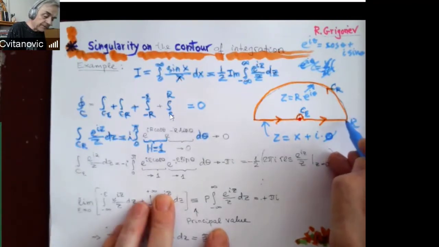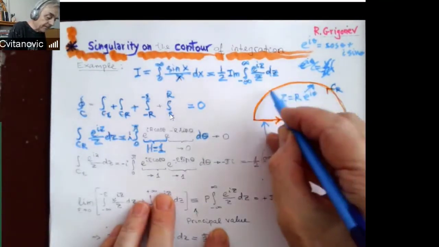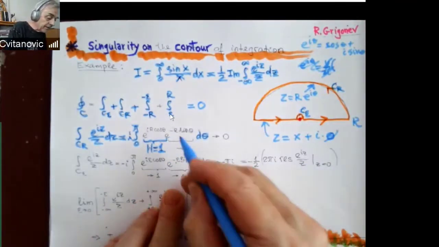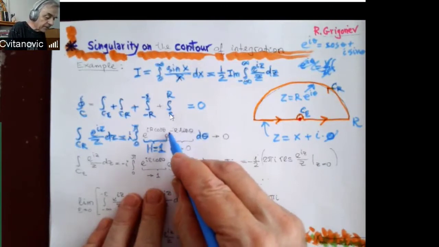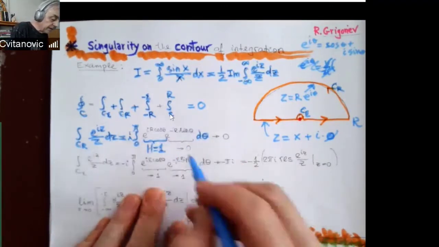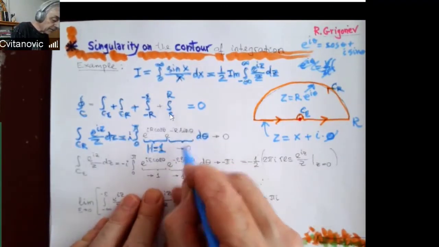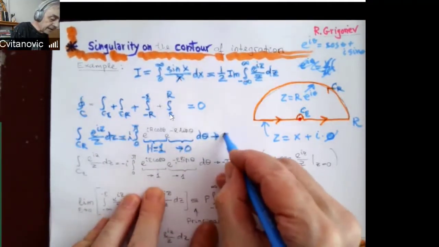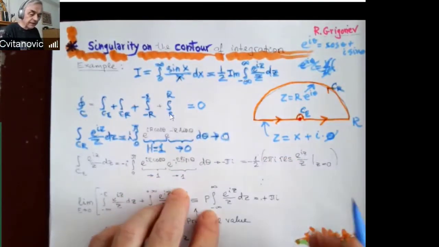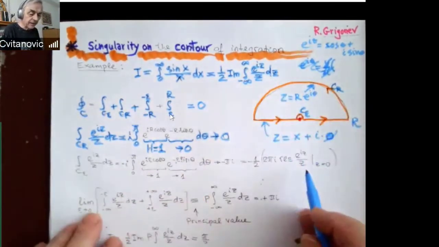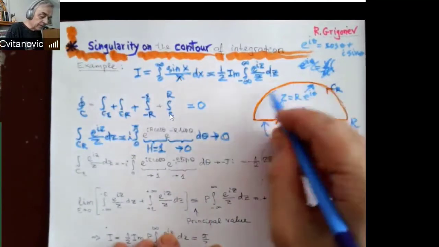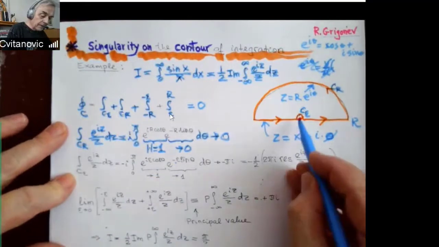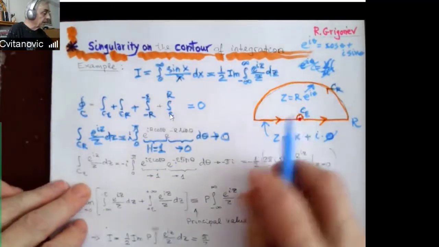It's a positive number every place on the half circle. r is huge, so this is an exponential of minus a huge number. So this part is going to 0. And we find that in the limit of taking a very large or infinite radius circle, this part of the contour doesn't contribute anything. It's a 0.